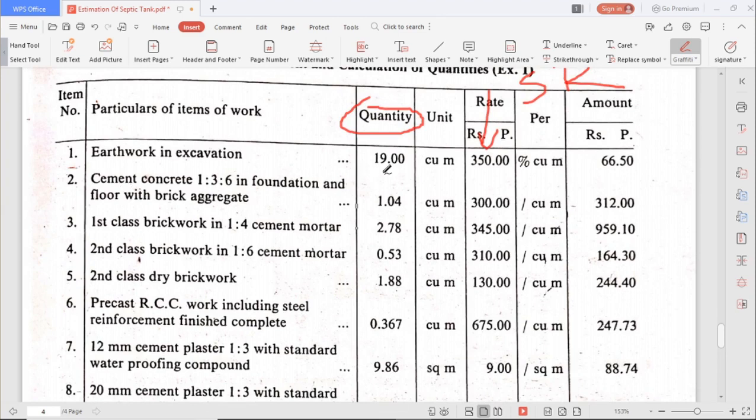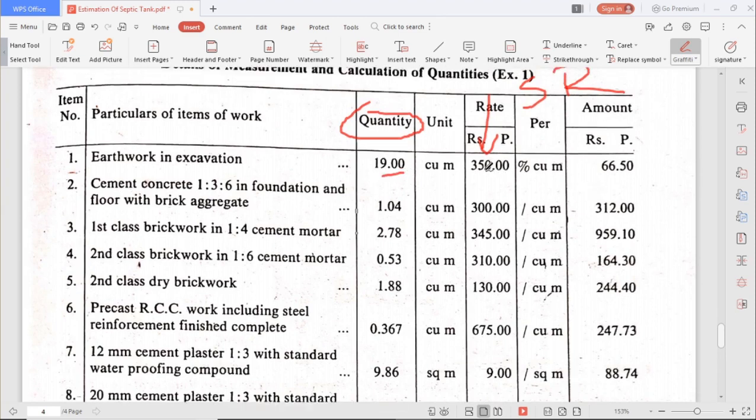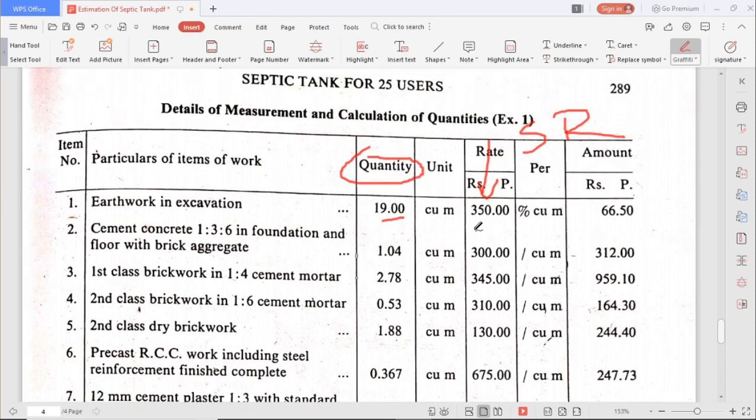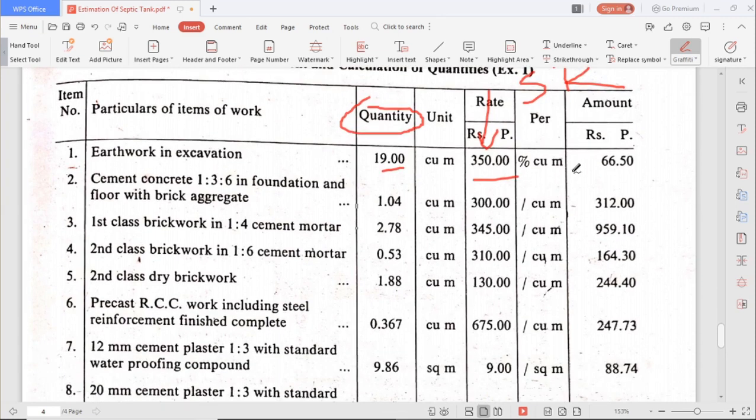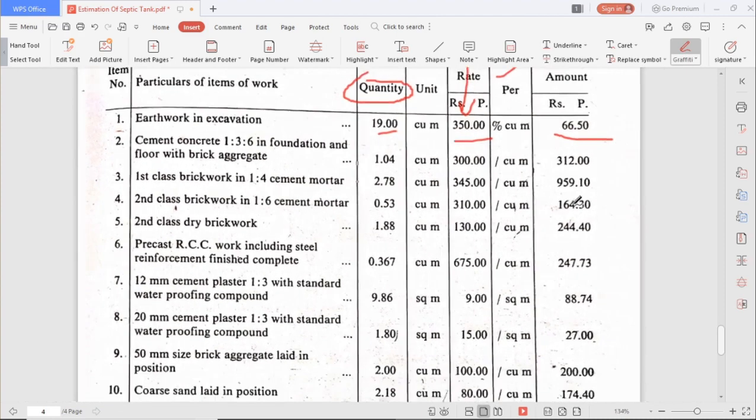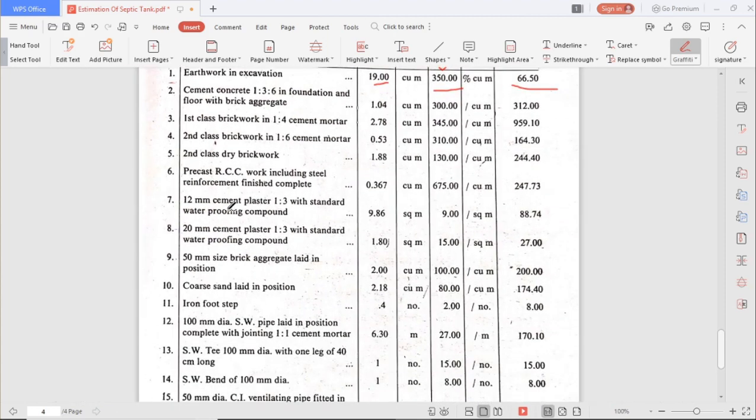So earthwork we got is 19, so the SR rate here, for example, they have taken 350 rate, so multiply, you will get the amount as 66.50. For earthwork it is charging 66.50 rupees. Like this for each and every item of work.